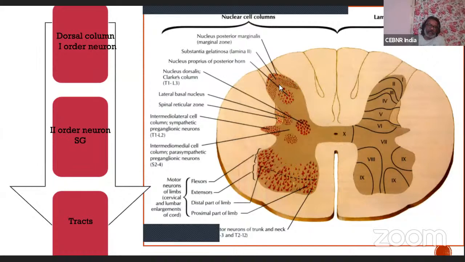Sometimes it will think that okay, you don't have to start firing your brain and things like that. Let's relax, right? So that's what Wall and Melzack said, that there is a certain amount of modulation at the substantia gelatinosa. It's because of the neurotransmitters which come and empty into the substantia gelatinosa. So you'll see that also.